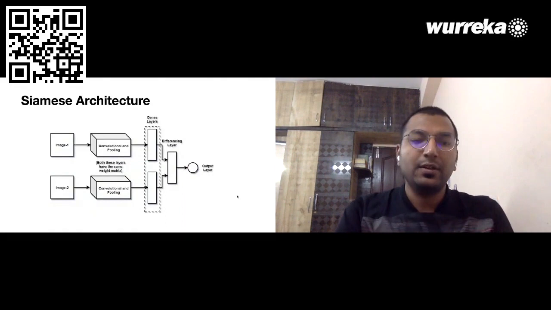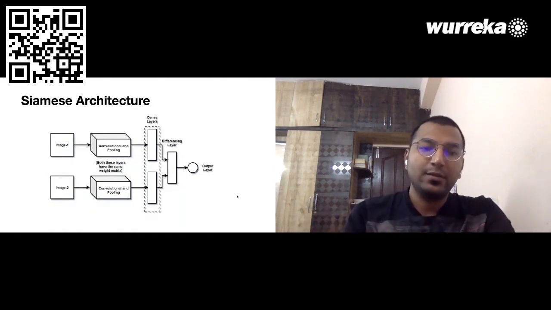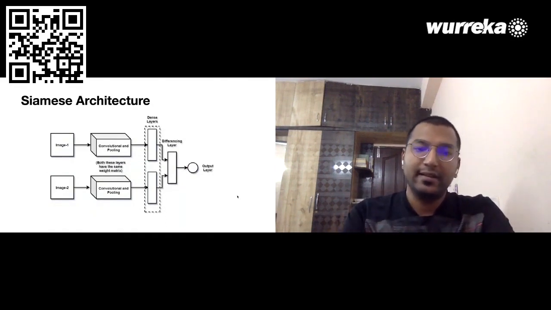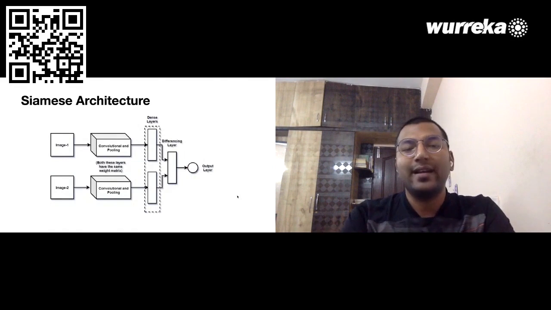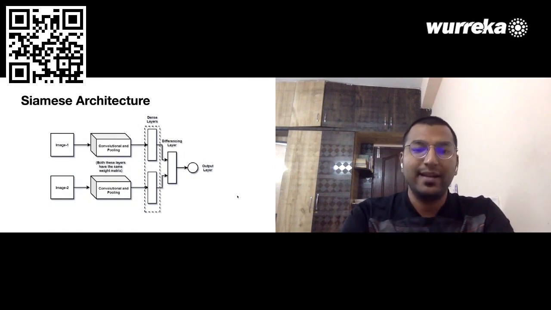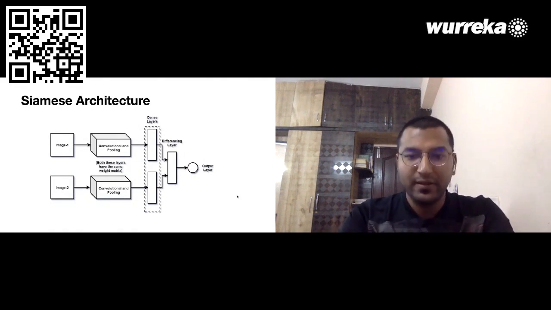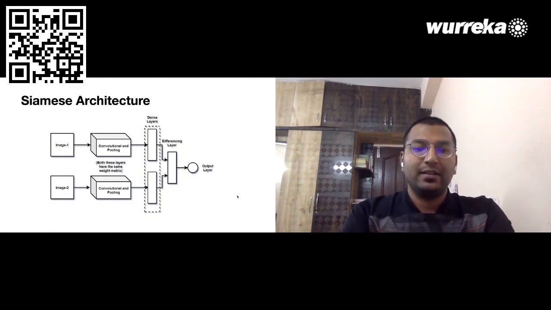So what does this Siamese architecture actually look like? It is a class of neural network architecture that contains two or more identical subnetworks. Identical here means they have the same configuration with the same parameters and weights.